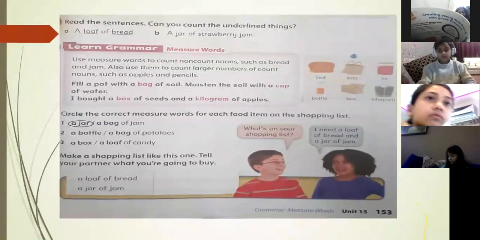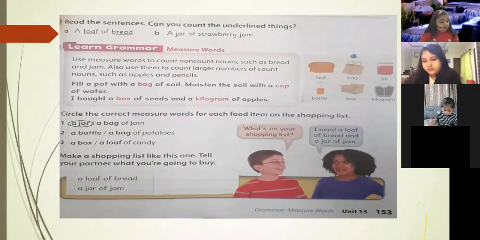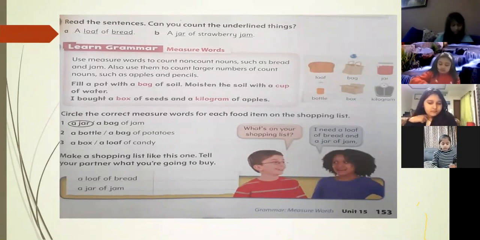Okay. Number two is a bottle of potatoes or a bag of potatoes. So, yes, Huria, a bottle of potatoes or a bag of potatoes. A bag of potatoes. Yes, a bag of potatoes. So please circle a bag of potatoes.